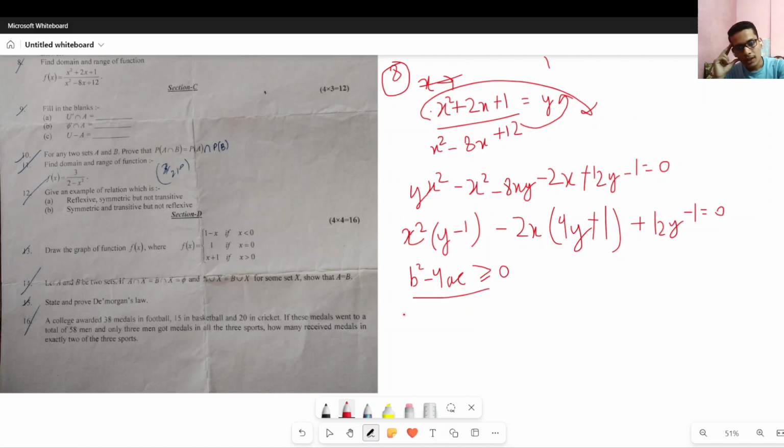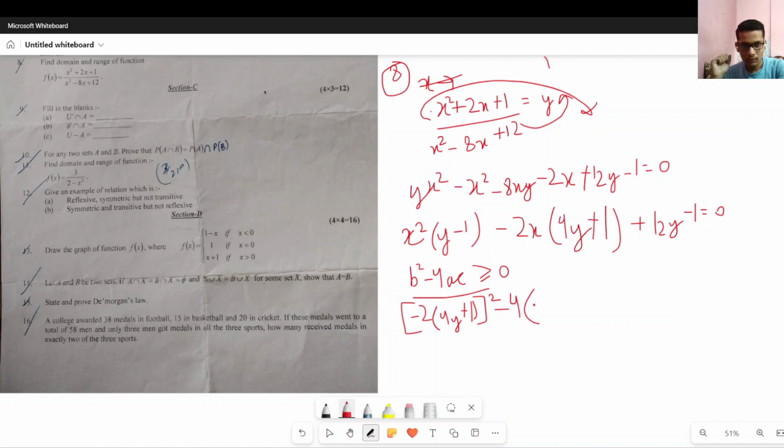We will simply write the values here, and the value of b is negative of 2 times 4y plus 1. We have to make the square of this, and then negative of 4a.